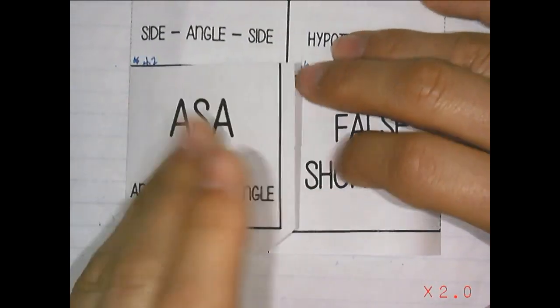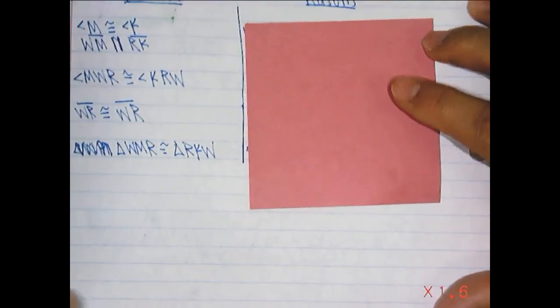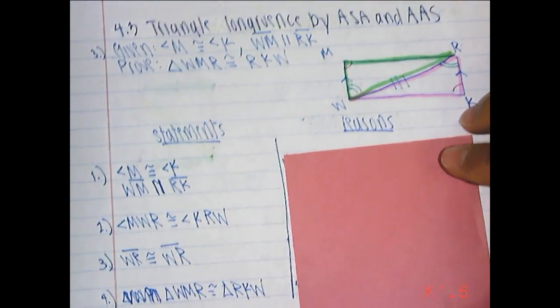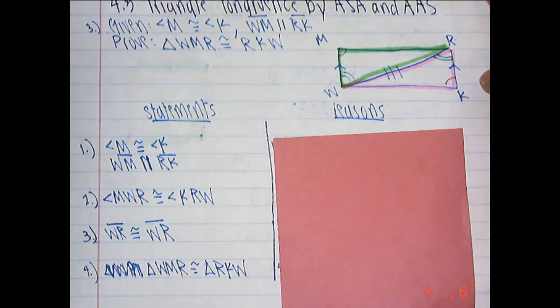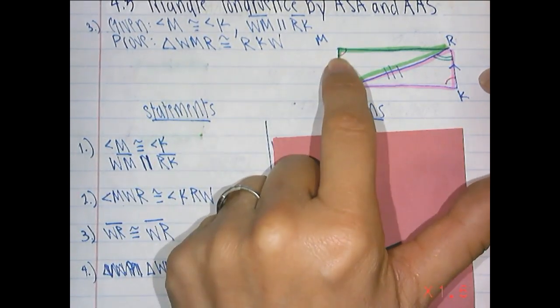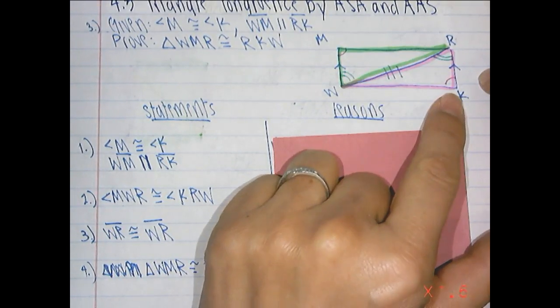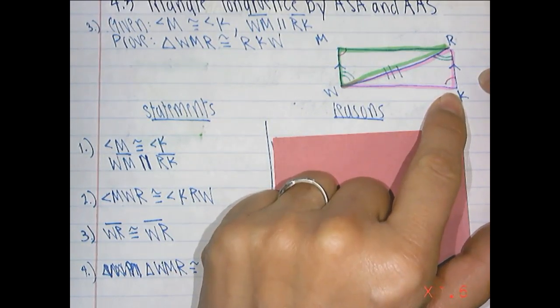All right, let's look at a proof that uses this type of congruent statement. Okay, so we are given angle M right here. It's marked with one pink arc, is congruent to angle K, marked with one pink arc.